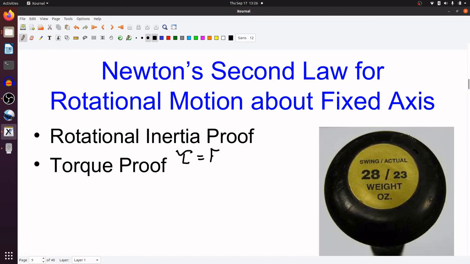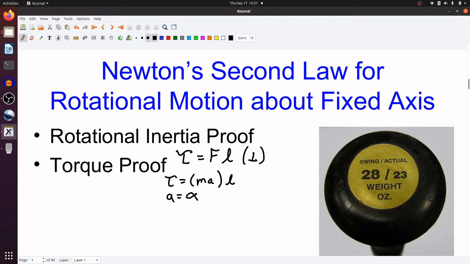We know that tau is equal to force times the lever arm, assuming that they're both perpendicular. And we also know that force is nothing more than mass times acceleration, times said lever arm. Okay, well, where does that leave me? Since we want to get some sort of rotational formula, I do know that the linear acceleration, a, is alpha times r.